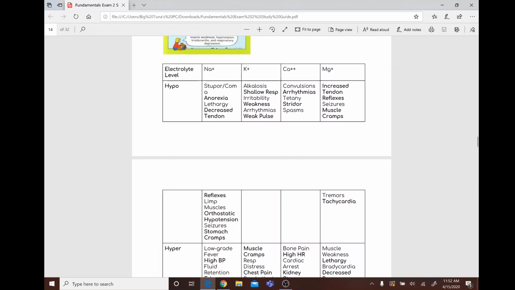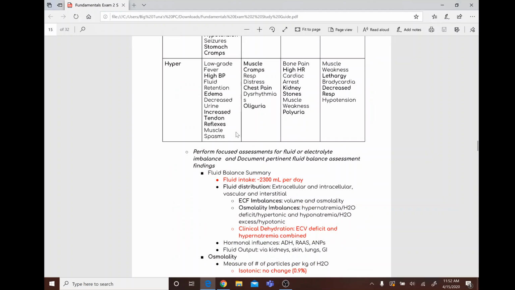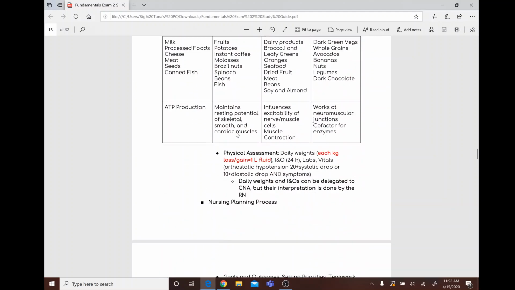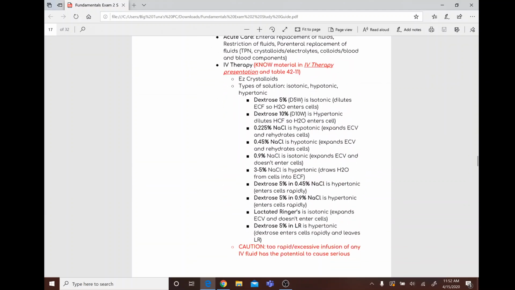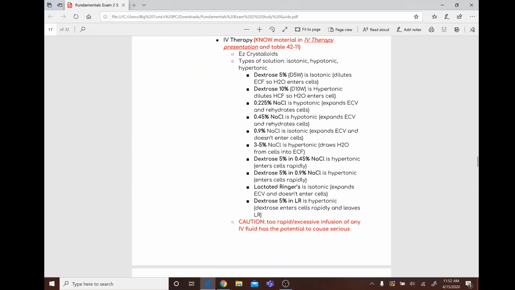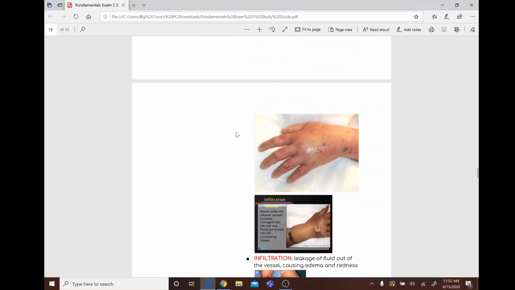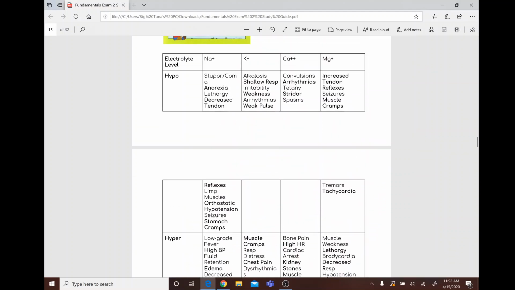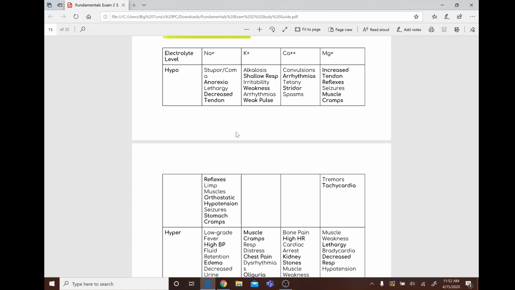All right, what are the symptoms of hyponatremia? Stupor, coma, anorexia, lethargy, decreased tendon reflexes, limp muscles, orthostatic hypotension, seizures, and stomach cramps.